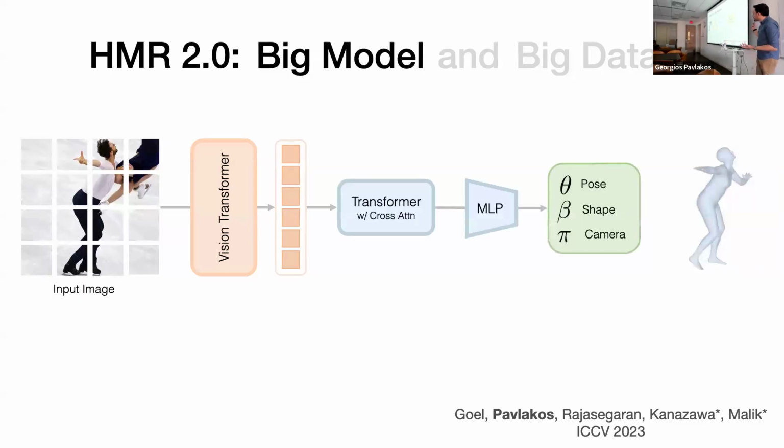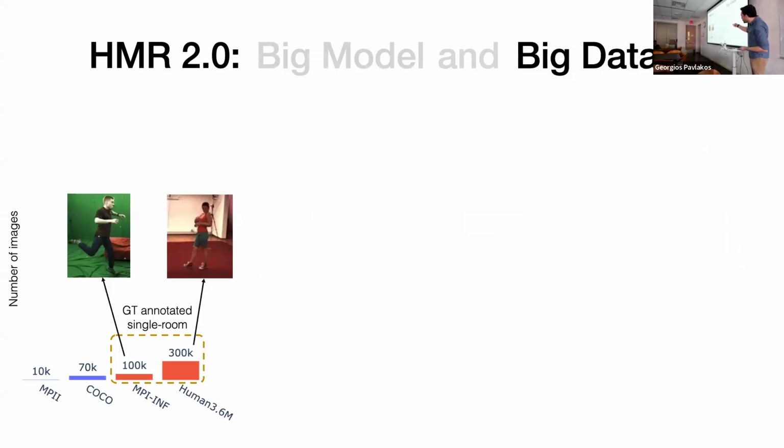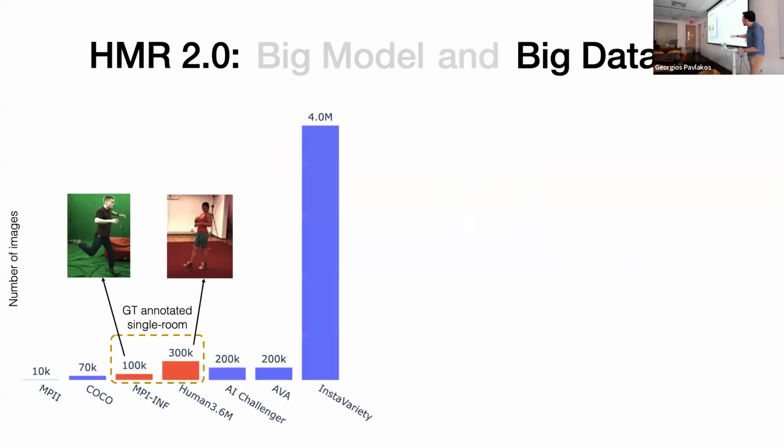On the data, of course, you need to supply this model with large amounts of data to see the benefit of this deep architecture. We of course use whatever was available before. This was almost 500,000 images, most of them indoor with 3D ground truth. We scrape the internet, using images primarily from Instagram, almost an order of magnitude more images than before: 5 million images.